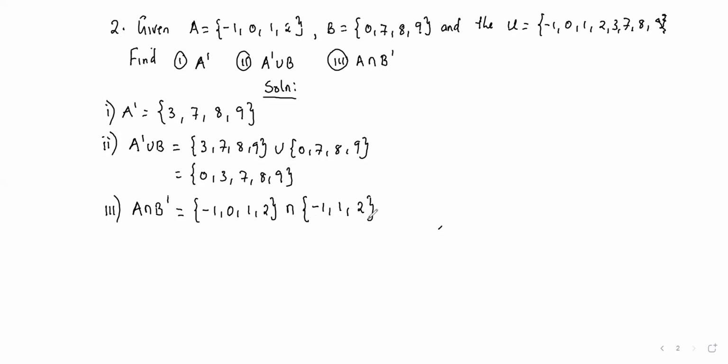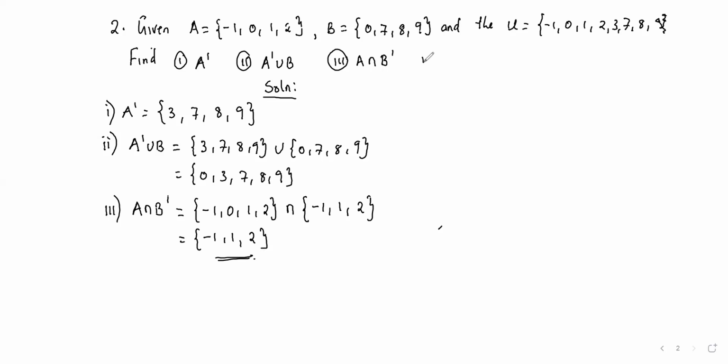Then 0, 7, 8, 9, those are in B. So the intersection is -1, 1, 2. These are the common ones. That's what we put in the intersection.